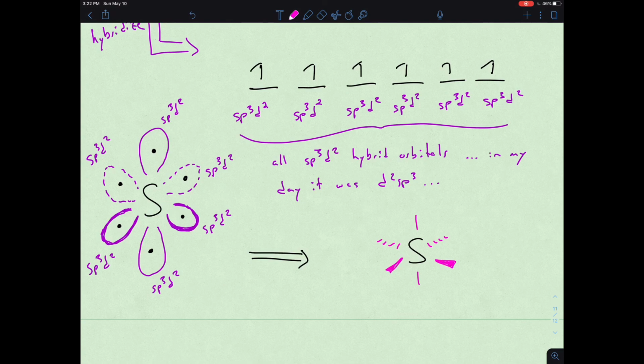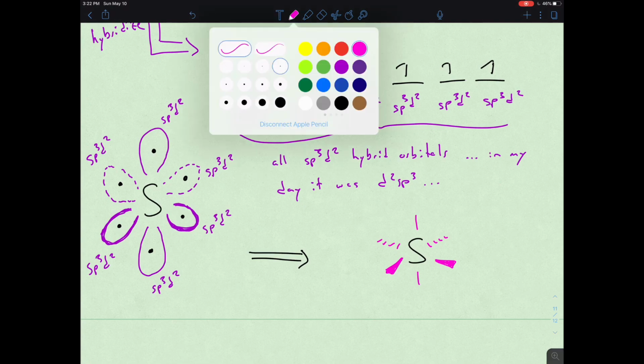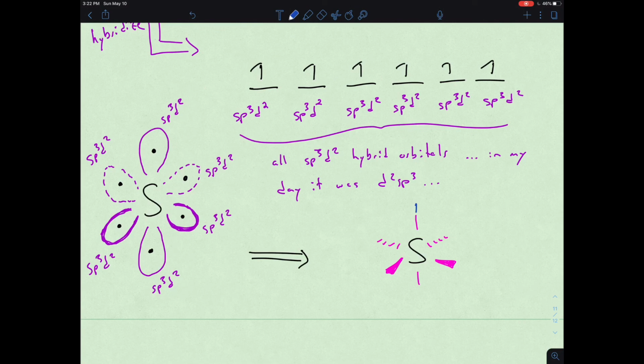We end up with a structure that looks like this, with our chlorines around the outside, in that octahedral electronic geometry.